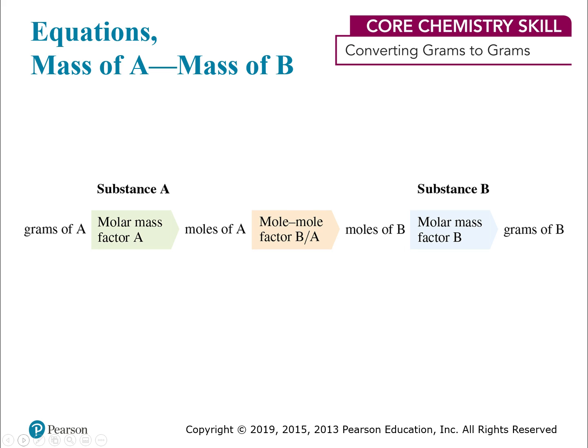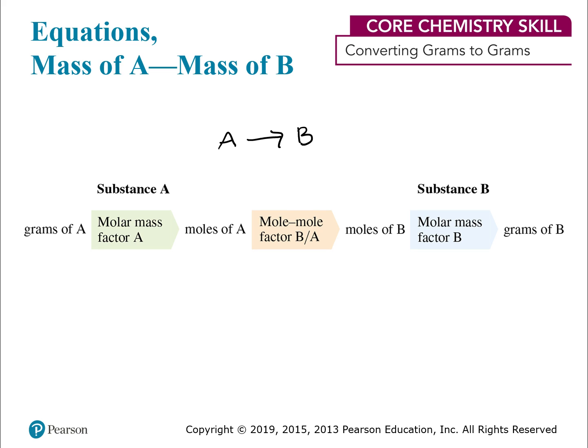This is a depiction of what you would do for that calculation. So you're starting with grams of A. Let's just do a simple one. Just A goes to B. Okay, this is our equation.